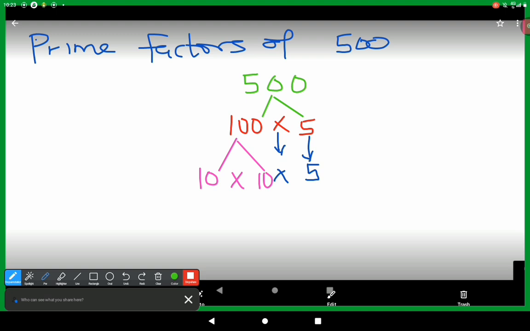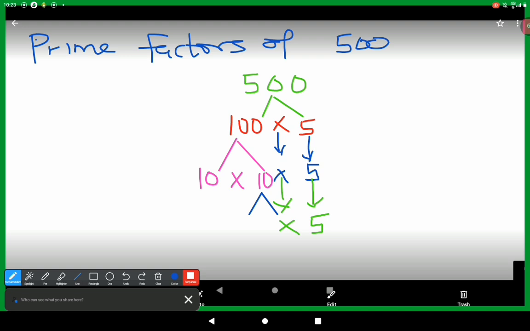Okay. So my 5 is a prime number. I'm still going to put it down. I'll continue putting it down until I get my final answer. Then my sign, put it down. Alright, but 10 is not a prime number, so I have to break the 10 down. Two numbers I can multiply to get 10.